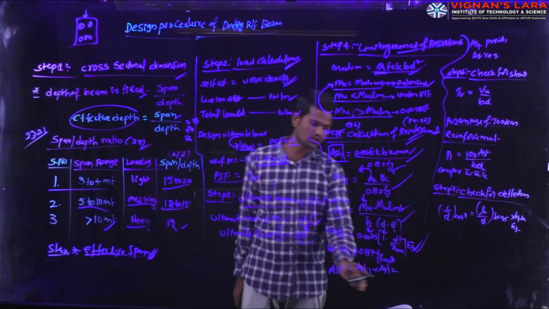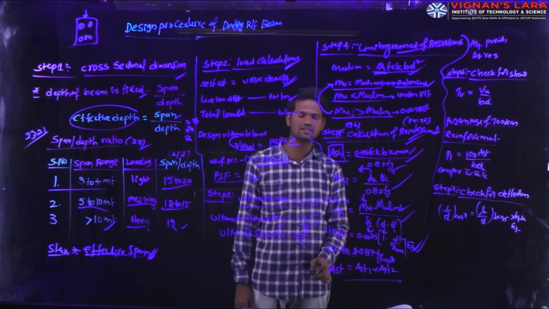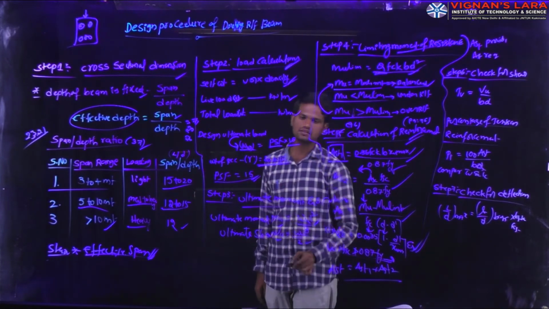Okay, next we are having the total area of steel, Ast equals Ast1 plus Ast2.